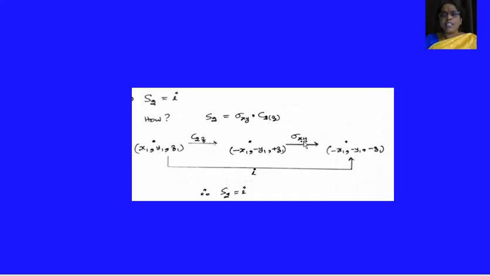Then while we are reflecting, z changes its sign, and these two remain minus x1, minus y1. Therefore, from the original to this one, all the coordinates have got a negative sign. That means inverted. This is nothing but inversion. Therefore, S2 is nothing but inversion.